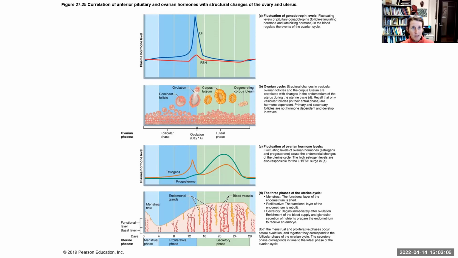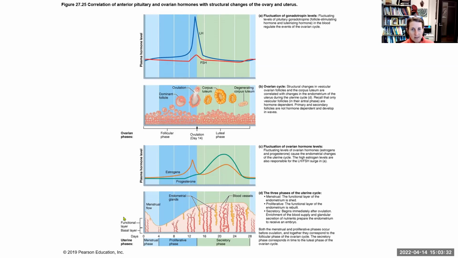The endometrial layer is being shed through the vagina, and that happens for 3 to 5, 7 days, depending on who the human is. And then that lining starts to build back up again.